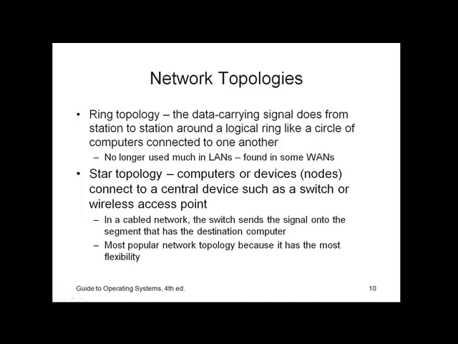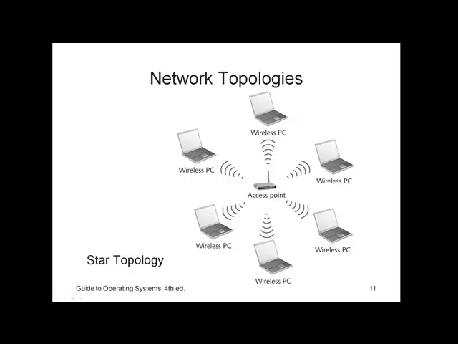A star topology in today's networking environment is probably the most popular networking topology because it's one of the most flexible topologies. And a network can actually share different topologies as well. Here's an example of a star topology using a wireless access point as its central node.